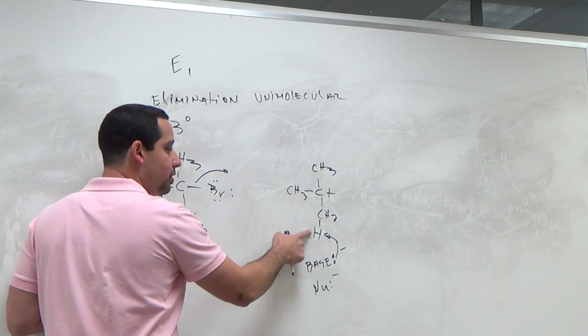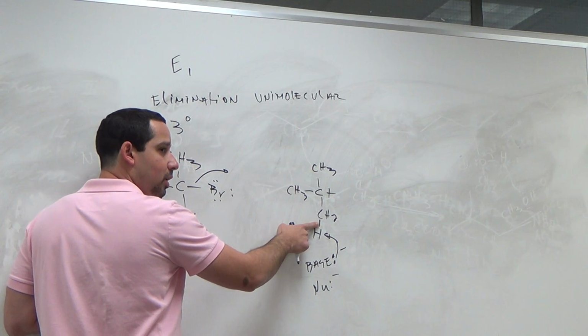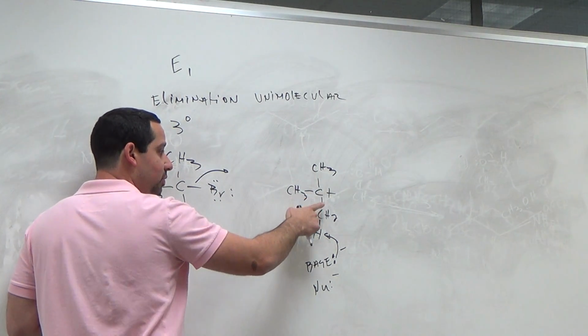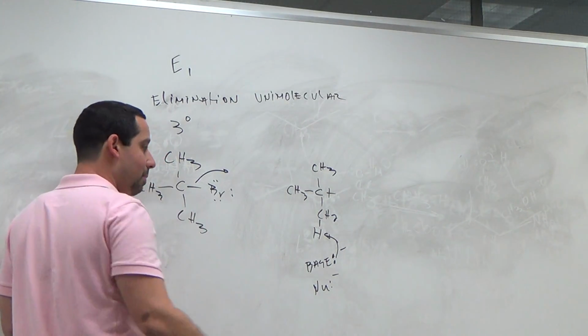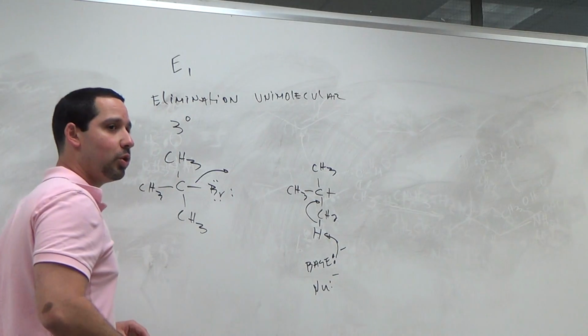If it pulls this hydrogen off, what is going to remain behind is the lone pair, these two electrons. There's a positive charge here, so these two electrons will go and make a double bond there.